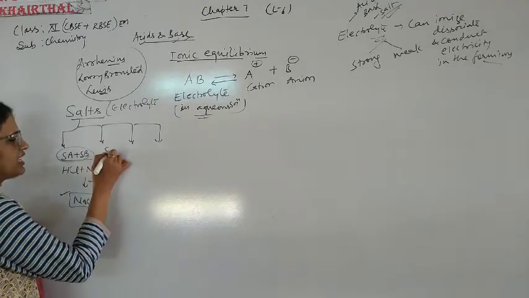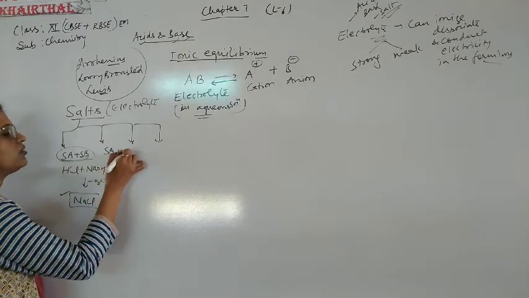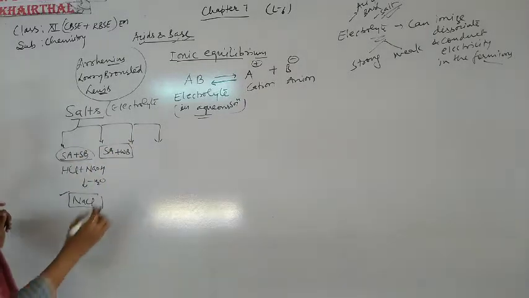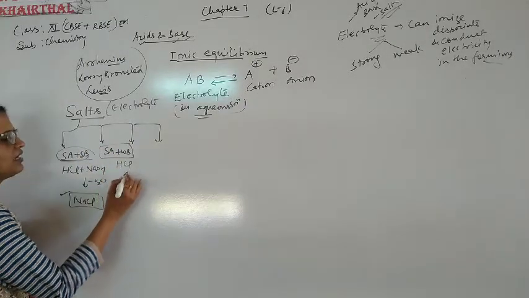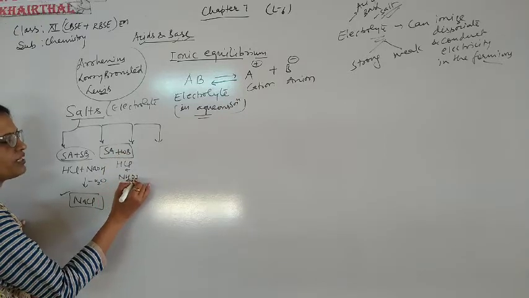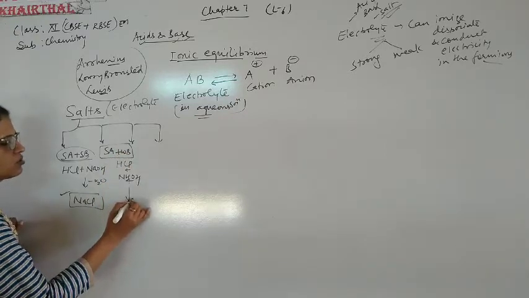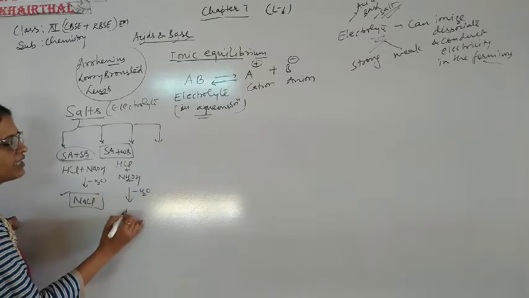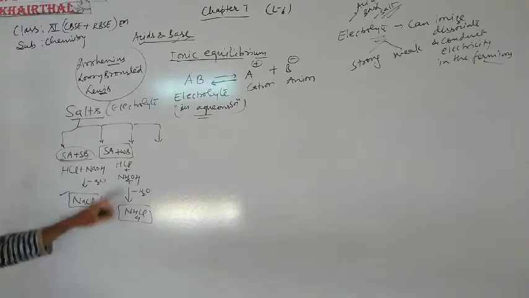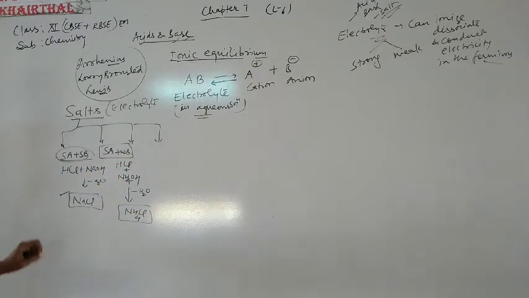Second is strong acid, weak base salt. Strong acid is HCl plus weak base NH4OH. So again a salt is formed, that is NH4Cl. It is an example of strong acid, weak base salt.